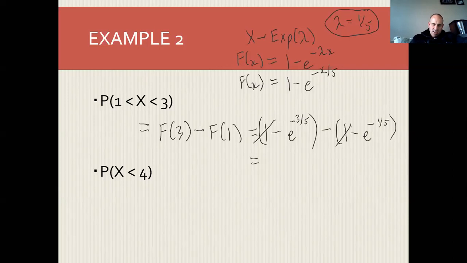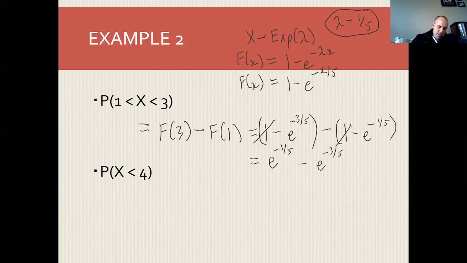And you get negative e to the minus 1/5, which is e to the minus 1/5. So this is e to the minus 1/5 minus e to the minus 3/5. That is the exact probability that x is between 1 and 3.